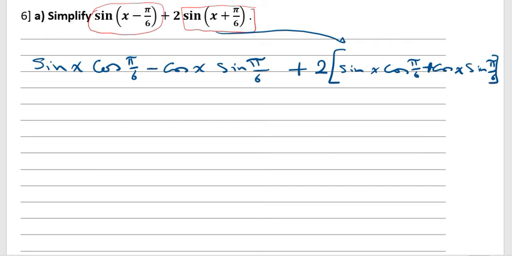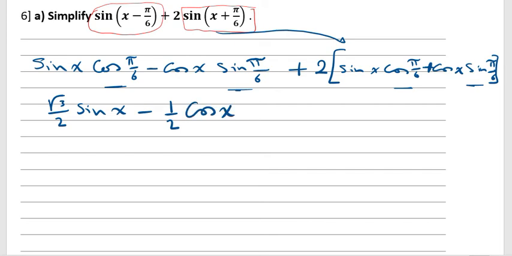As we said before, if you have any part whose angle is given as a number, find its value. Here we have pi over 6. So cosine pi over 6 will be root 3 over 2 multiplied by sine x, minus sine pi over 6, which equals 1 over 2, multiplied by cosine x.